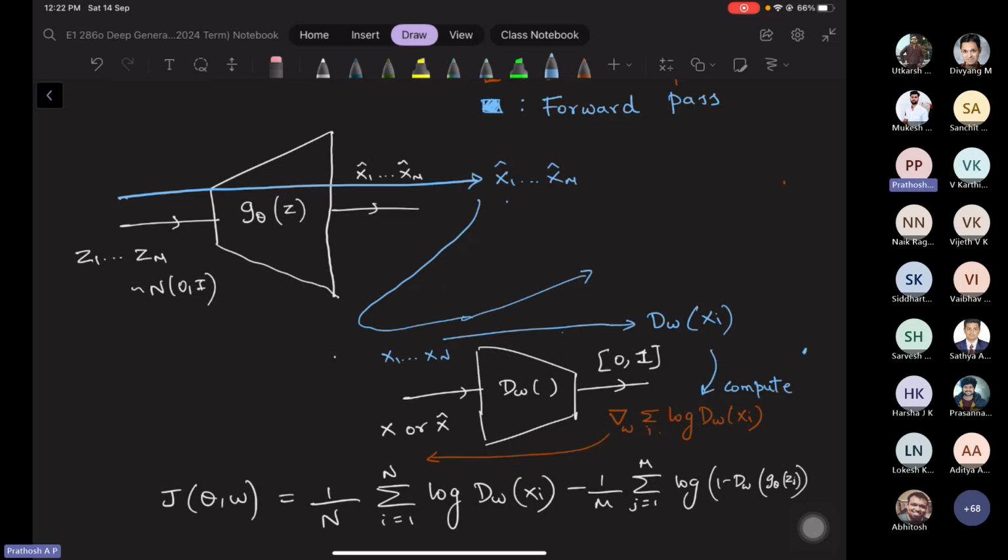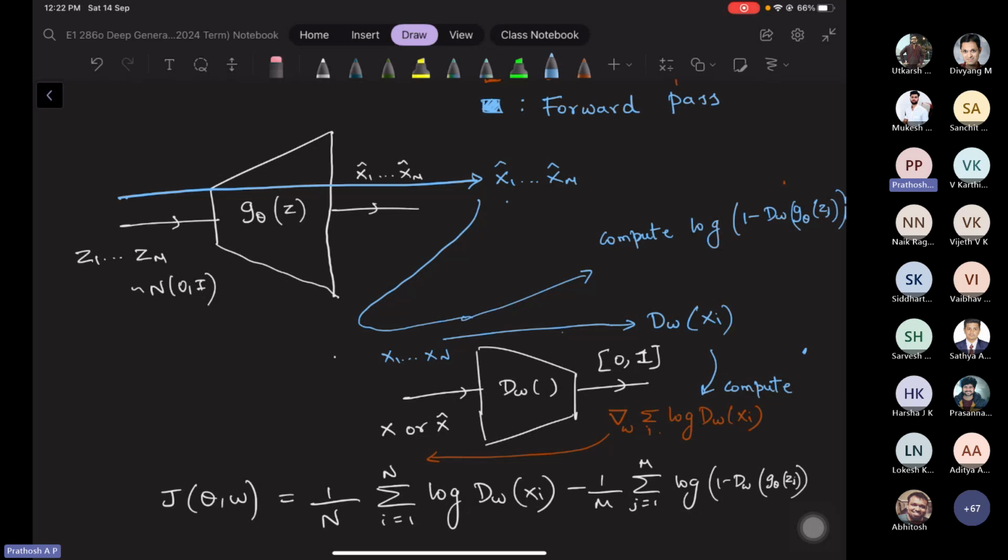To obtain, what do you get? You compute log of 1 minus D_w of G_theta of z_j, right?